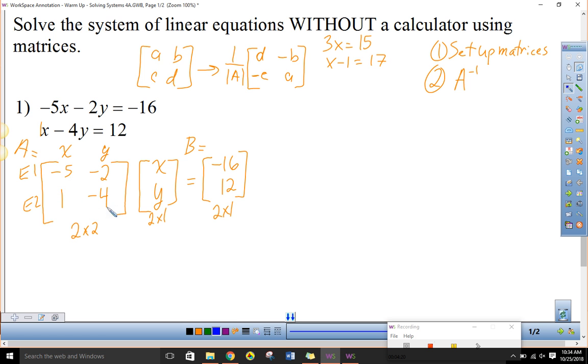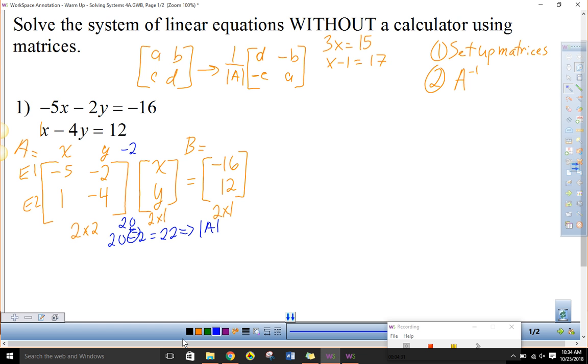So yeah, -5 times -4 gives me +20. 1 times -2 gives me -2. And then what order do I subtract them in? 20 minus a -2 becomes 22, because that turns into a plus sign. We okay there? So this guy is your determinant of A.